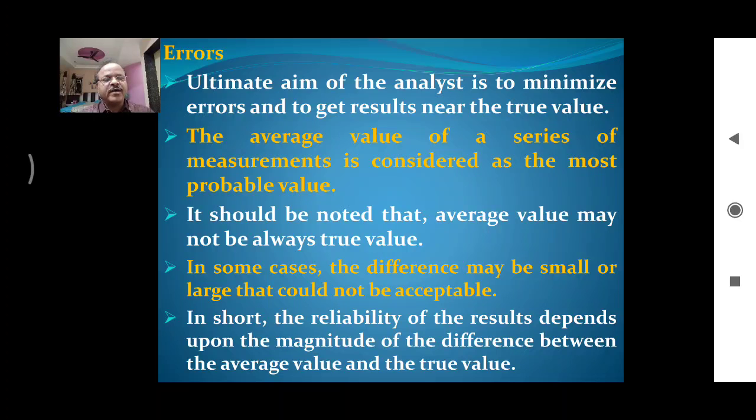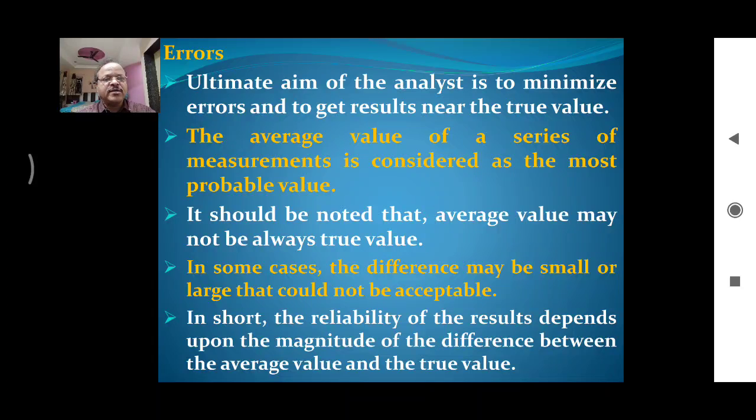If we compare the average reading with the true reading or true value, we will find a slight or small difference, or we can obtain a large difference also. So to some extent the difference is allowed, but if that difference varies to a large extent, then it is not acceptable.